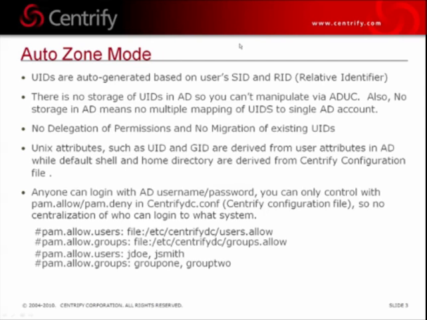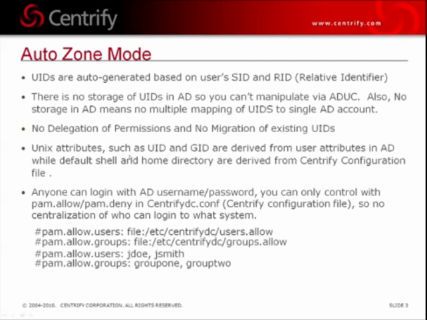There is no storage of UIDs in AD, so you can't manipulate them with Active Directory Users and Computers. Also, no storage in AD means no multiple mapping of UIDs to a single AD account, no delegation of permissions, and no migration of existing UIDs, as we have seen in the Centrify console earlier.